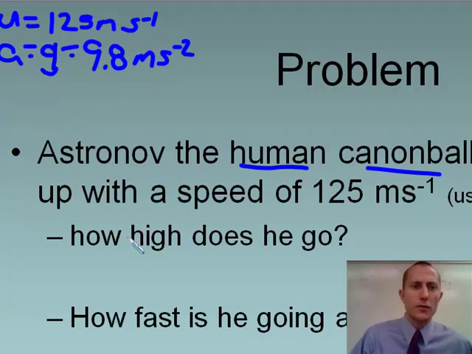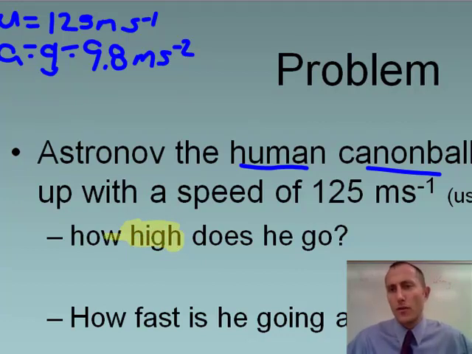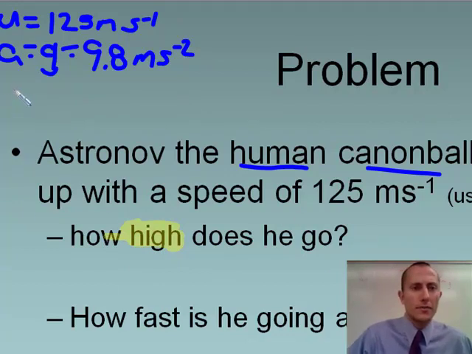And here, for the first question, we're being asked to find how high does he go. Okay, so we're trying to find height, which is basically our displacement, our maximum displacement from the point of being shot. And at that point we know another variable that's not explicitly stated but is implied, and that's the final velocity.